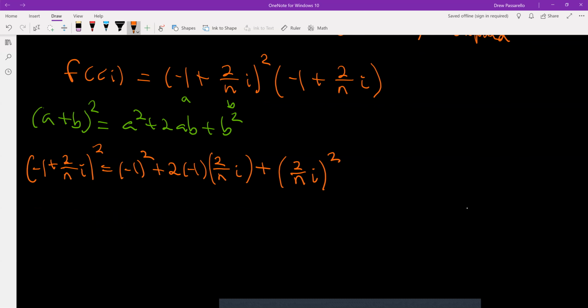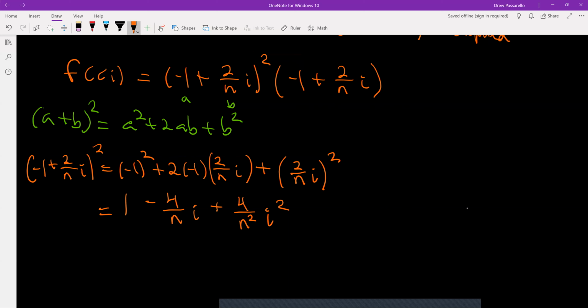And so that's going to be -1 squared is 1. And then we have 2 times -1 times 2 is -4, so that's -4/n times i. And then 2/n i, and then I square that. That's plus 4/n squared i squared.